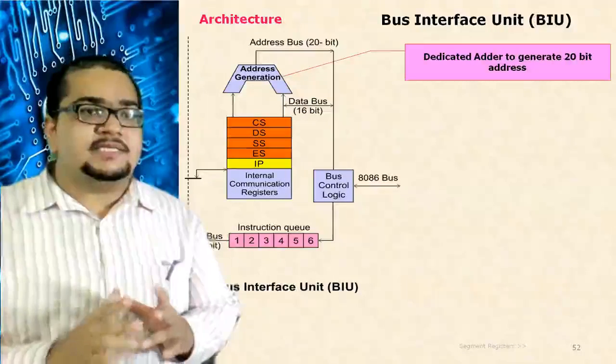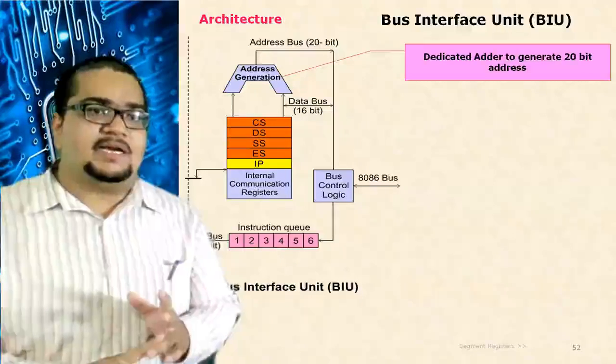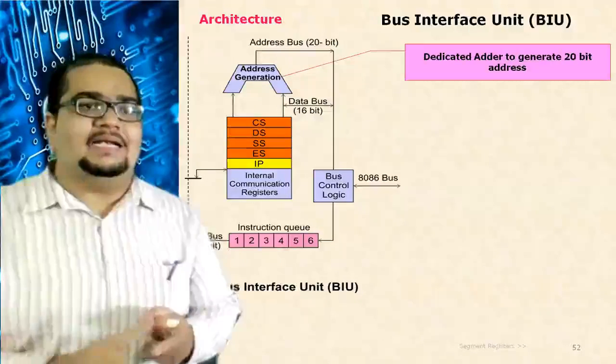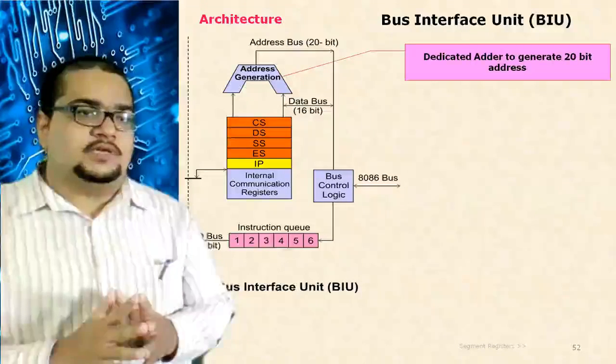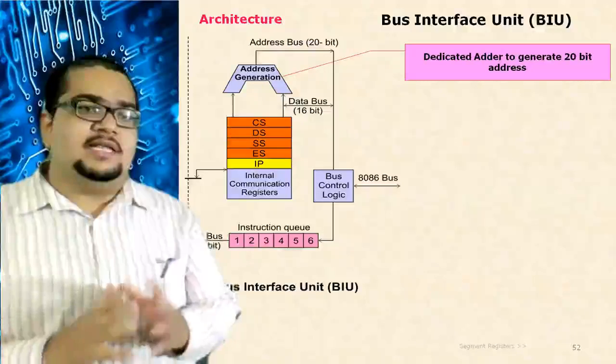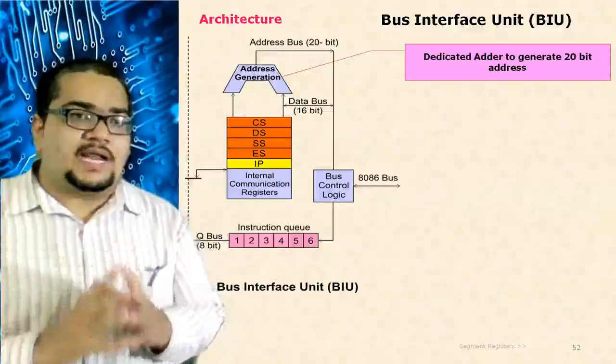In some cases, ES, the extra segment register, will hold the segment address of the data, and DI, the destination index register, holds the offset address of the data.